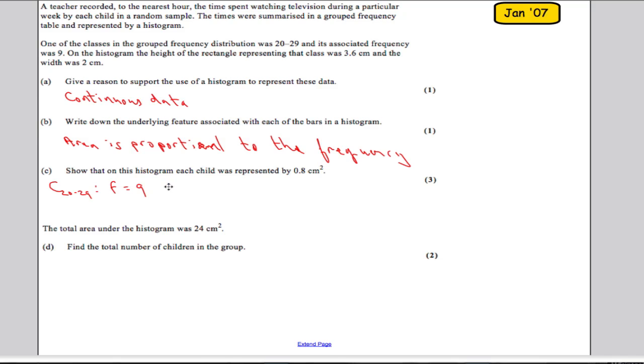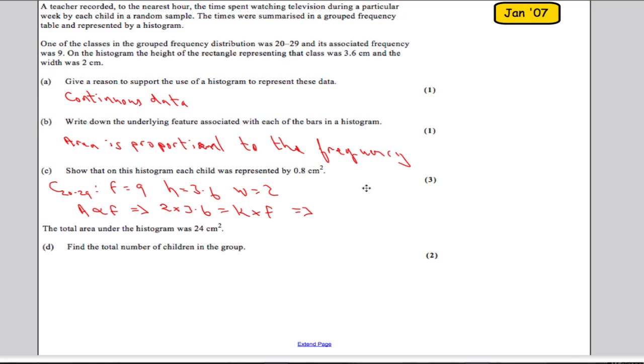The height of the bar equals 3.6, and the width equals 2. Now the area of that bar is proportional to its frequency. That means that the area, which comes from the width times the height, so 2 by 3.6, will equal some constant multiplied by the frequency.